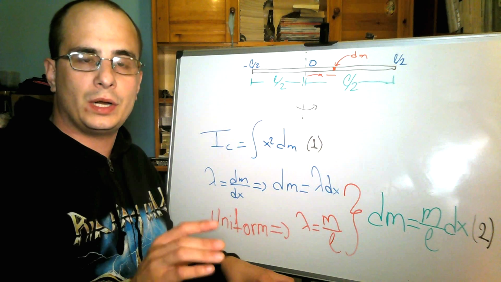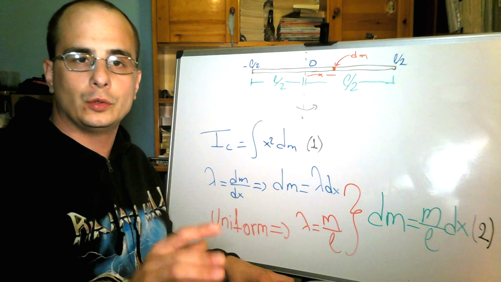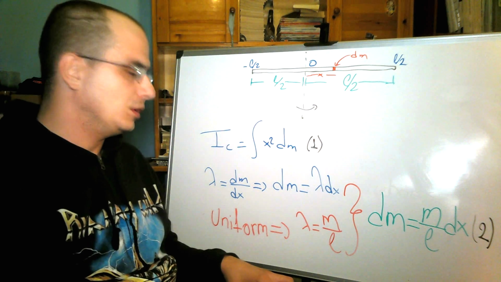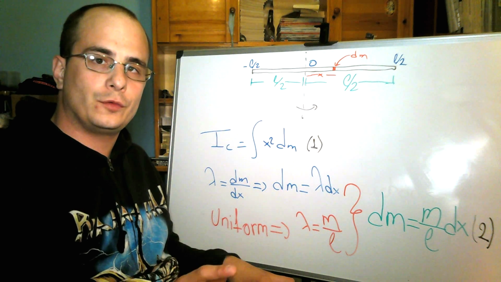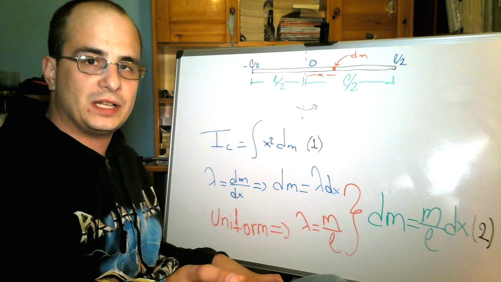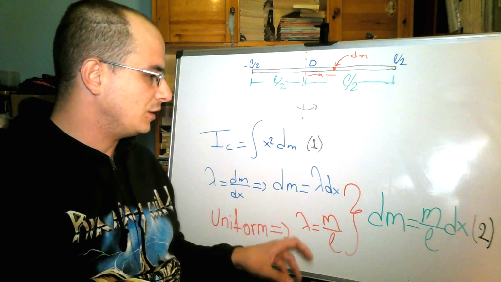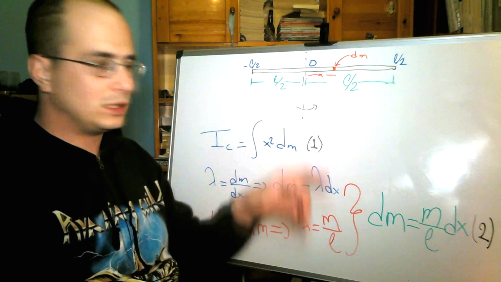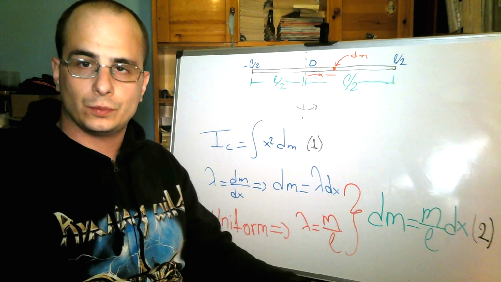No matter where on the rod you measure, the density is the same. So the mass density of the uniform rod is its mass divided by its length. Then we have the final equation for the mass element that we have taken, and we call it number 2.